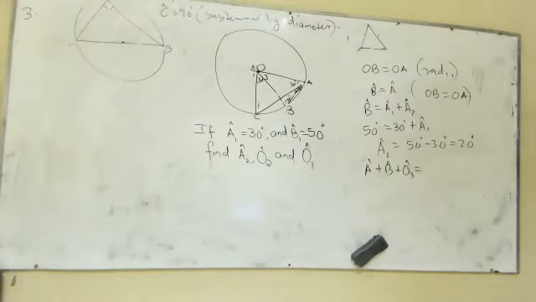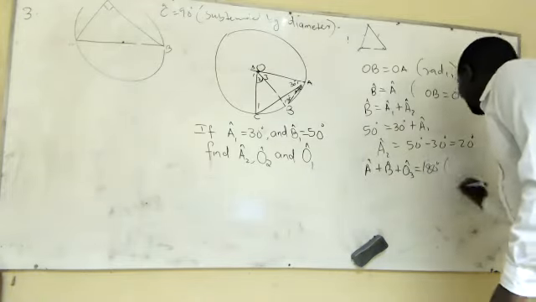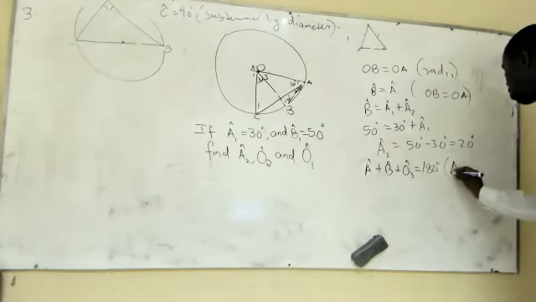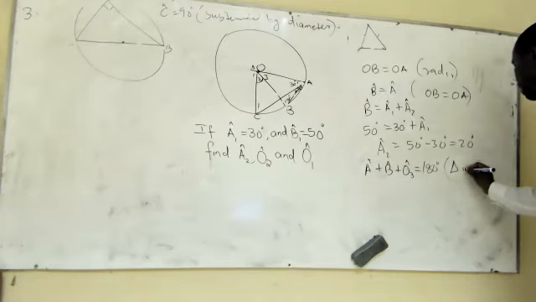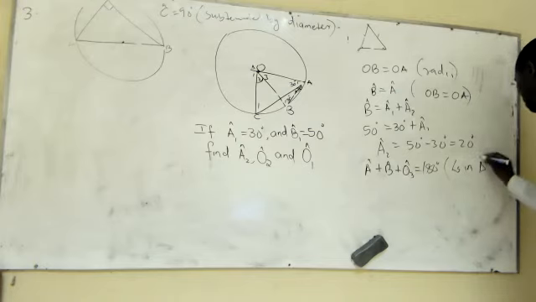These three angles, if we add them together, are going to be equal to 180 degrees. Why? Because these are angles inside the triangle. As simple as that. That's why it's equal to 180.